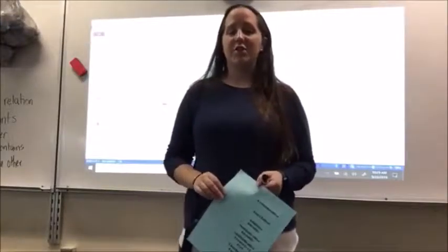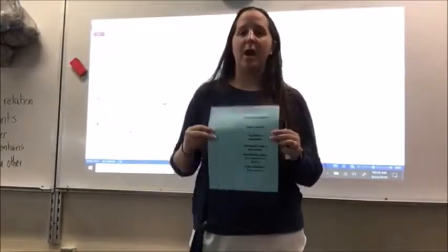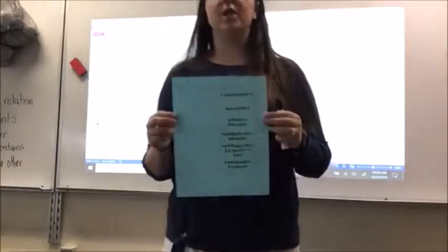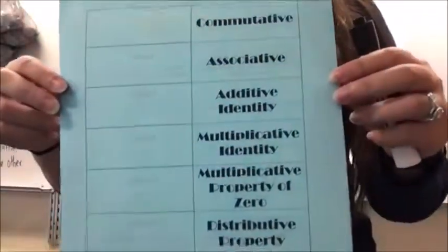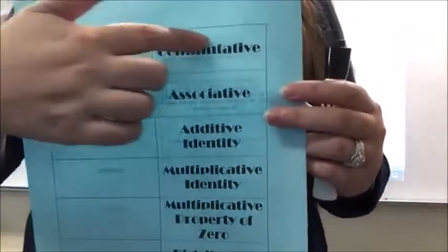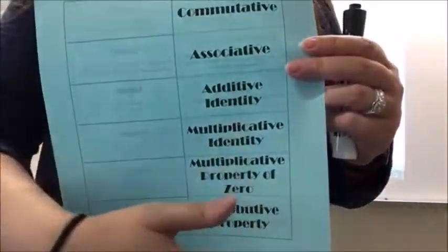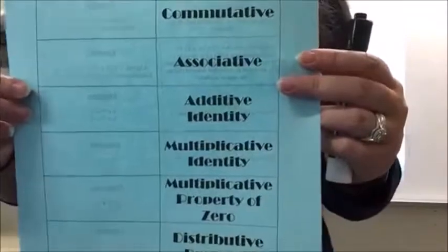All right, this is Chapter 6, Lesson 5, the properties foldable. So you should get a blue sheet of paper that looks like this. It has a front and a back to it. What you're going to do is cut along the solid lines all the way around. Okay?